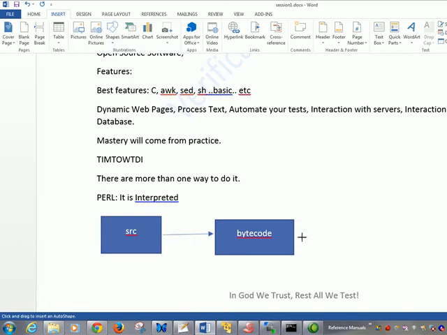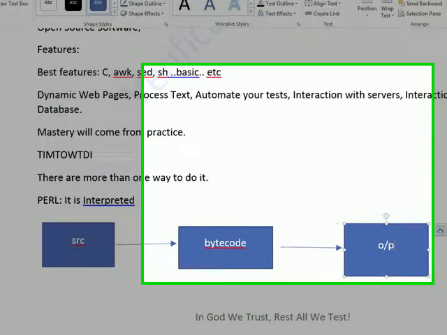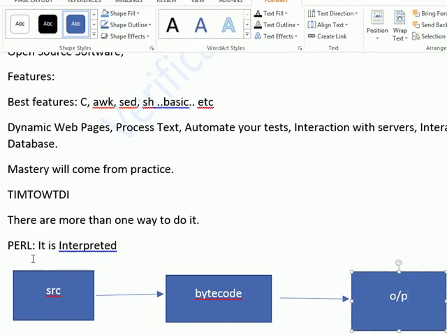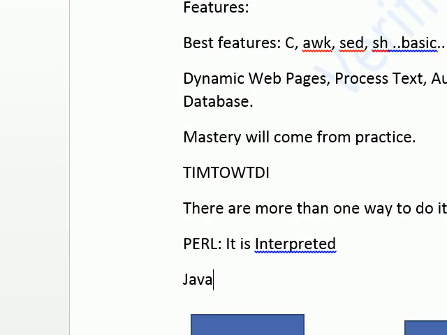Now what happens is, after compilation, you run it finally to get the output of a program. Okay, so in the case of programs like Java, C, C++, this happens, right?